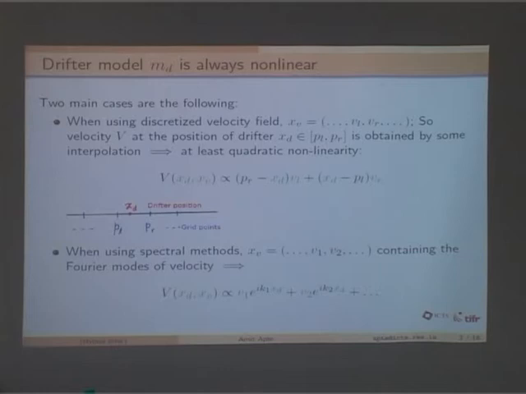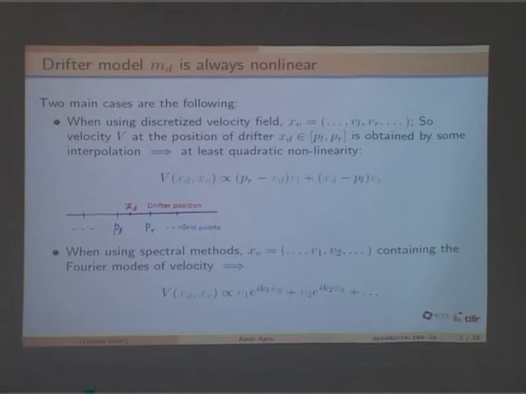So let me jump to the next slide and mention a specific example. Suppose your velocity field is one dimensional, and you are looking at velocities at the grid points, which are these blue dots. So the xv vector will consist of velocities at the grid points, for example VL, velocity here, VR, velocity here, and so on.